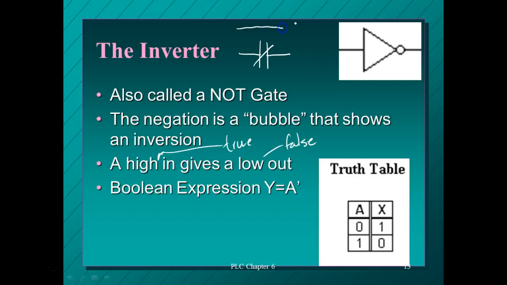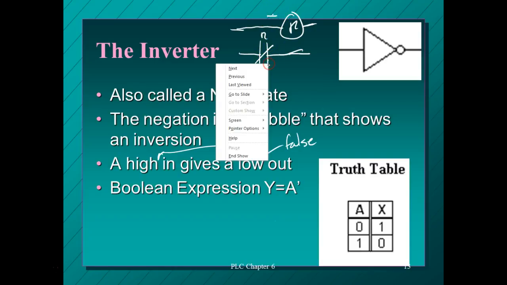When you look at this, you have to look at these being controlled by something. When this one is true, this one is going to be false. When this one is false, this one is going to be true. You understand? So a normally closed contact is a NOT. What's a normally open contact? It's a nothing. A normally open contact by itself does no logic.